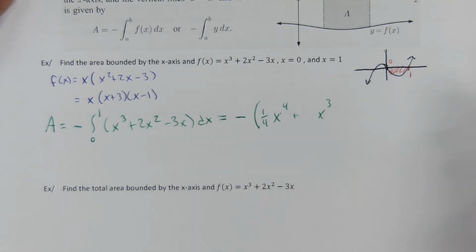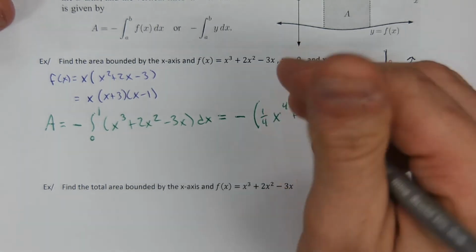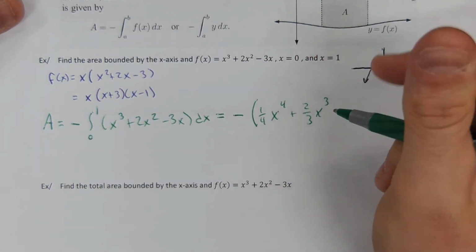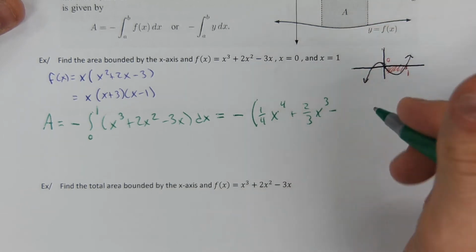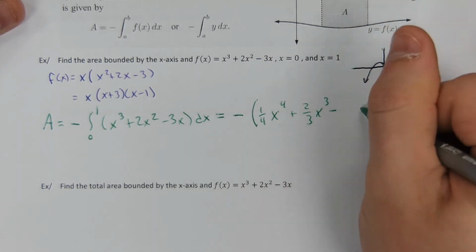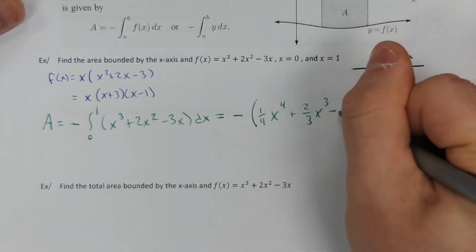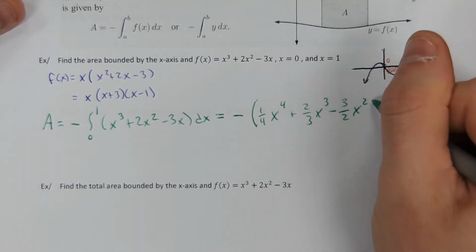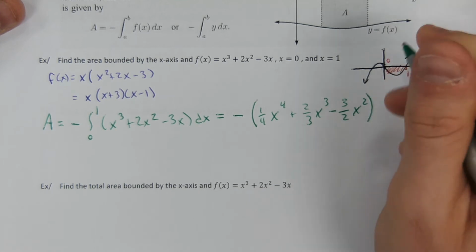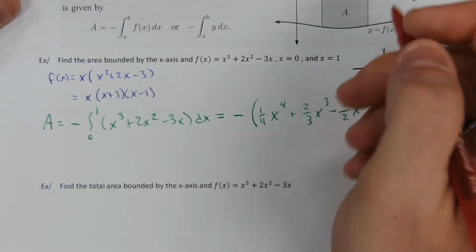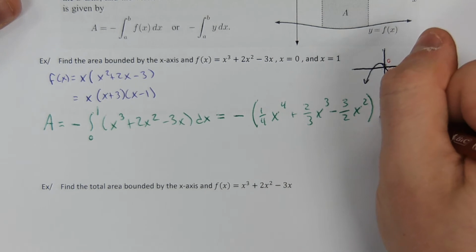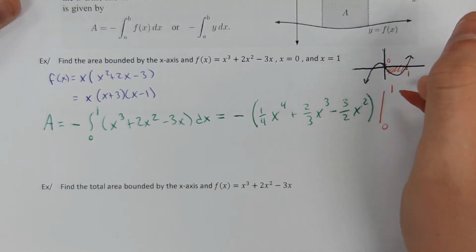That's the same thing as multiplying by the reciprocal, dividing by 3. Minus, same thing here. This exponent's going to come up to a 2, so I need this 3 to be divided by a 2. And we will evaluate that from 0 to 1.